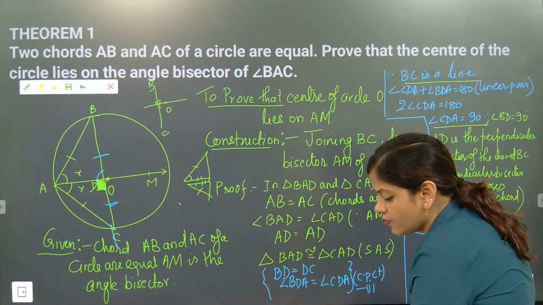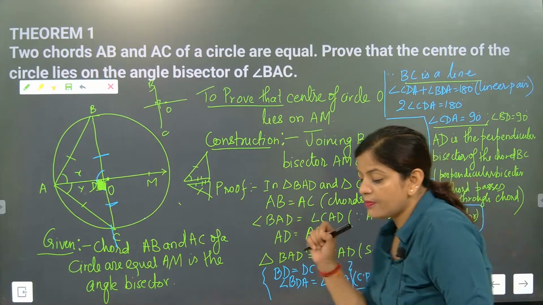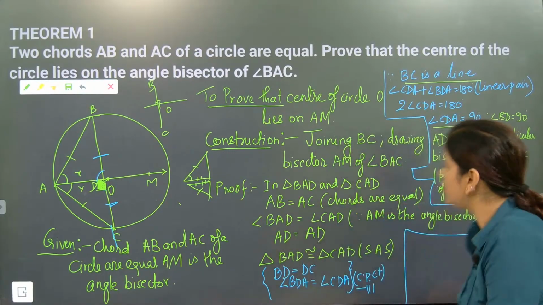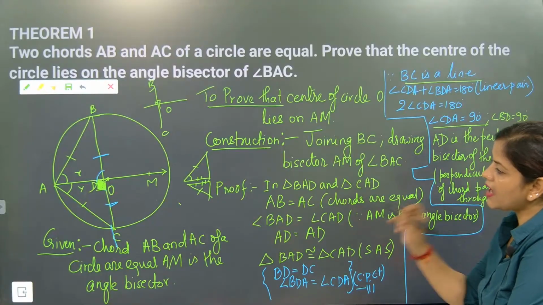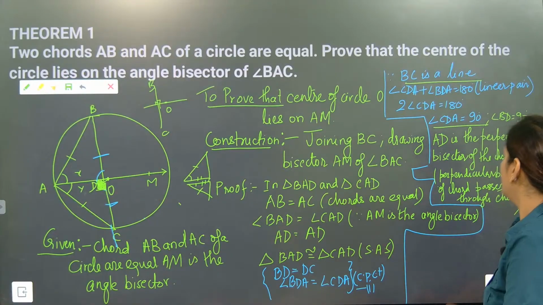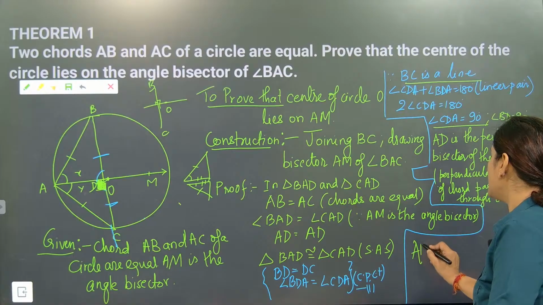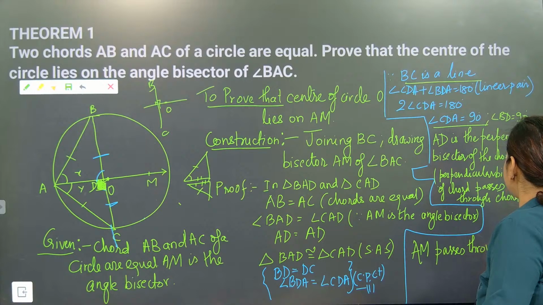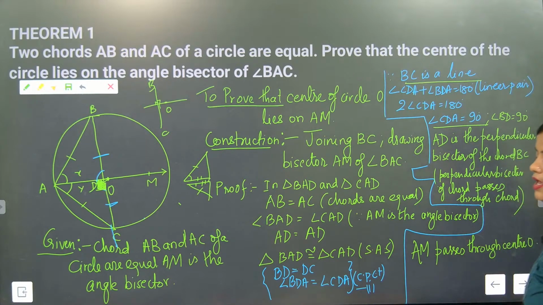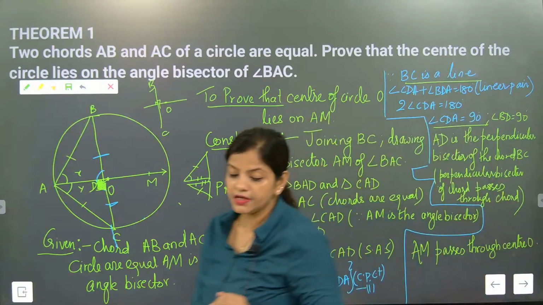This is one of the most important points, beta. The perpendicular bisector of a chord passes through the center. That means AM passes through center O. So the final conclusion: AM passes through center O.